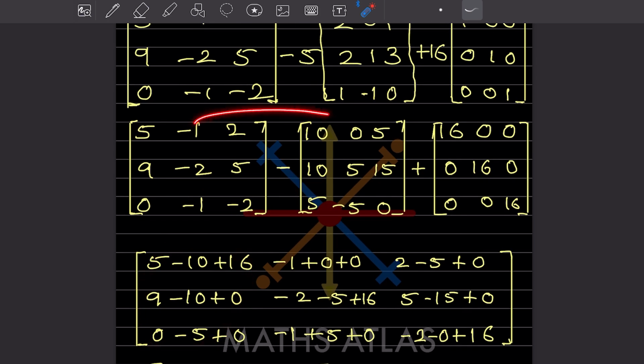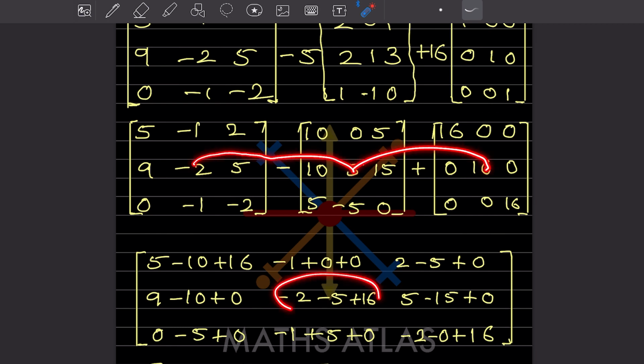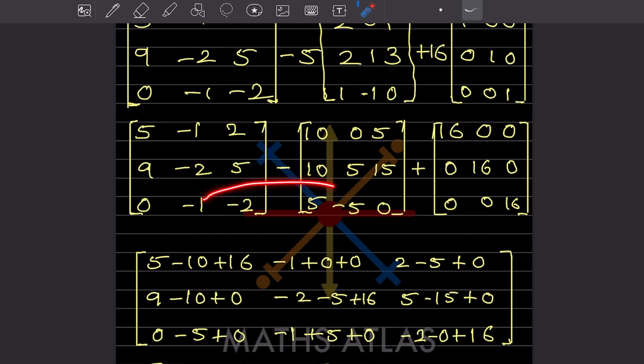Now for this one, minus 1, 0, and this is again 0. So here minus 2, minus 5, 16. Then here minus 1, this minus minus becomes plus, and here 0. So this also is done.